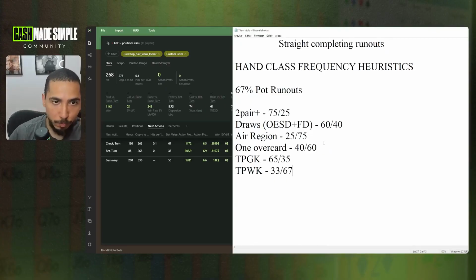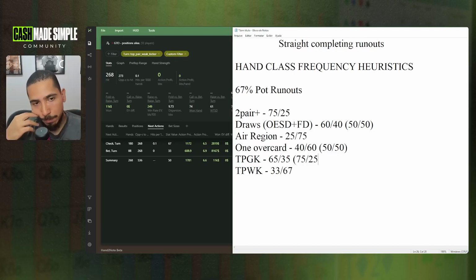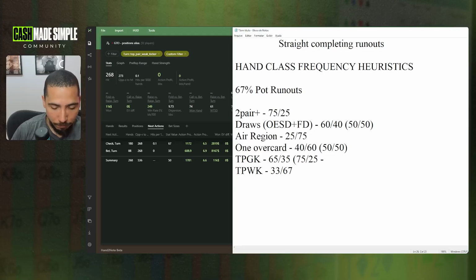All right, so you can adapt this to the buckets that you use. So if you use multiples of 25% buckets, you're gonna shift this to 50-50, right? This one you also can shift to 50-50. It's a bit less precise, but totally fine in my opinion. This one you're gonna shift to 75-25, or if you play with the multiples of 20%, you're gonna shift this to 60-40.